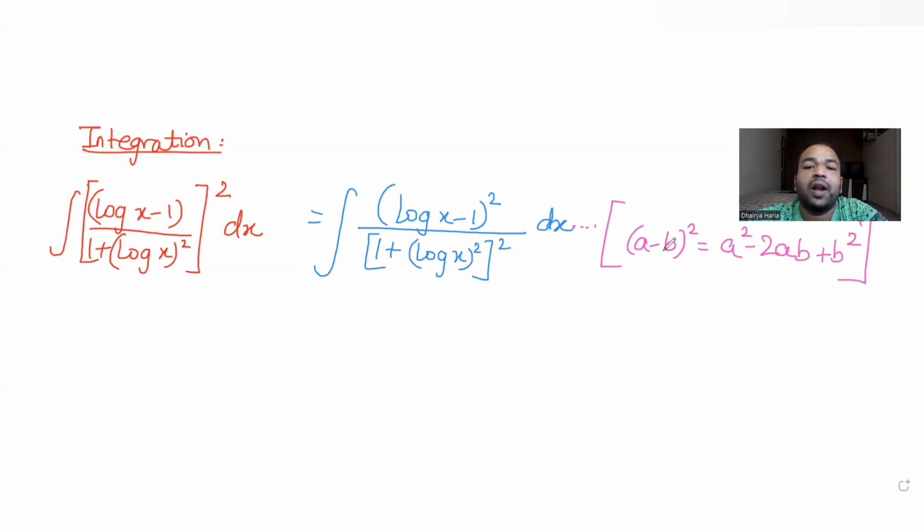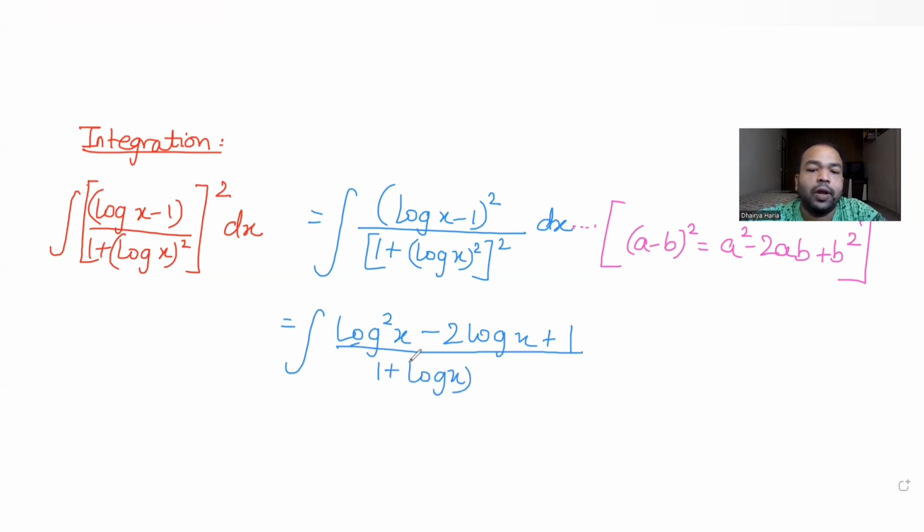So if I expand this idea, I can write the entire thing as the integral of (log²x − 2 log x + 1)/((1 + log x)²)² dx. Now, simplifying, log square x is nothing but (log x) the whole square.